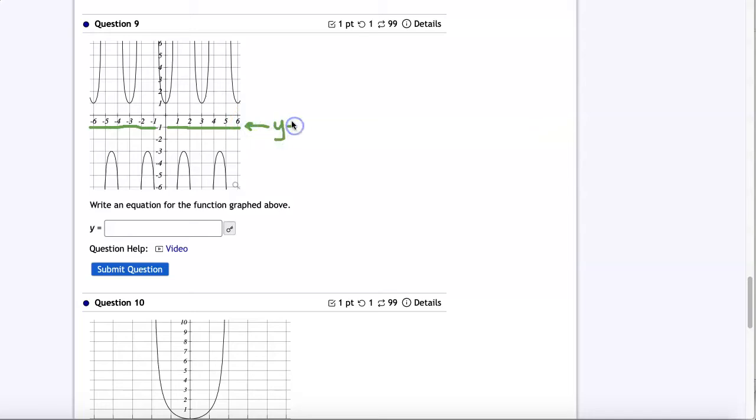And if I have a midline of y equals -1, that means that whatever my graph is, I shifted it down by 1. My next observation is that I have an amplitude of 2, right? Because if I go 2 above and 2 below from the midline, that means that my amplitude would have to be 2.